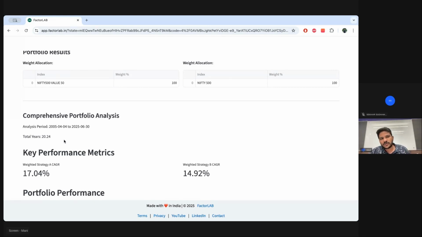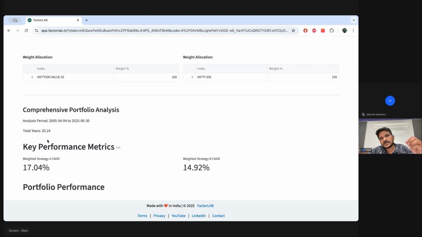In the first week of August, we're going to add more data, so you can look at data till the end of July. Every month we're going to upload more data, available till the end of the last month. The total number of years we are looking at is slightly above 20, which has a good number of market cycles.